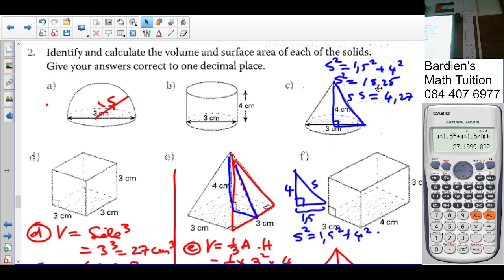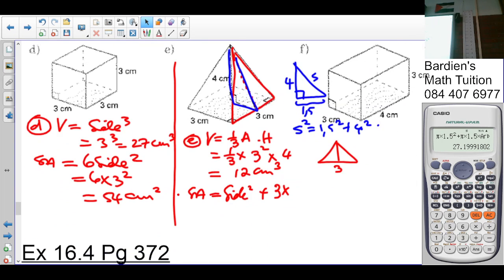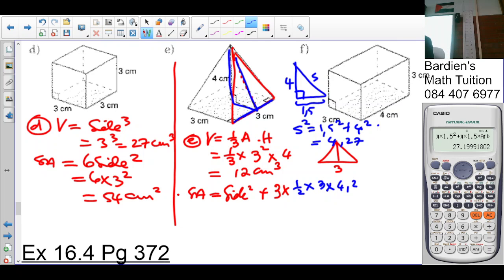So it gives you a slanted height of 4.27. You all agree with that? 4.27. So you times this by half. My base of this triangle is 3 and the slanted height is 4.27. You all okay with that, people? The length of the side here would be basically 3 squared.